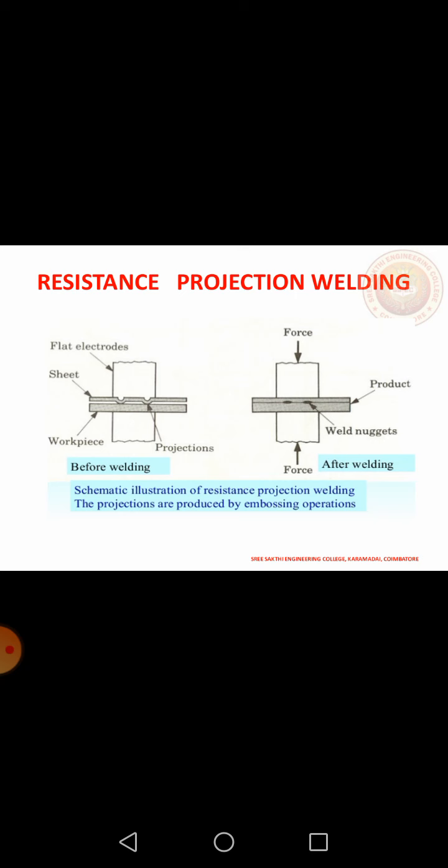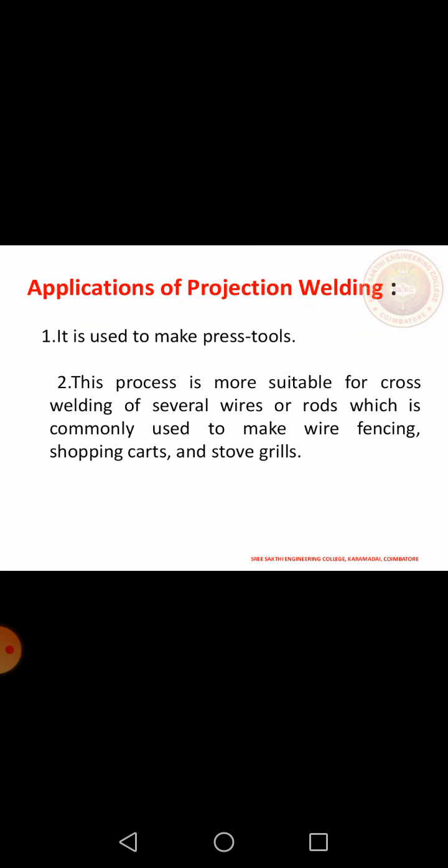A small amount of pressure is applied through the electrodes. The current flow through the dimple melts it, and the force shapes the weld. It is generally used in automobile industries for joining nuts, bolts and studs to the steel plates in car bodies.